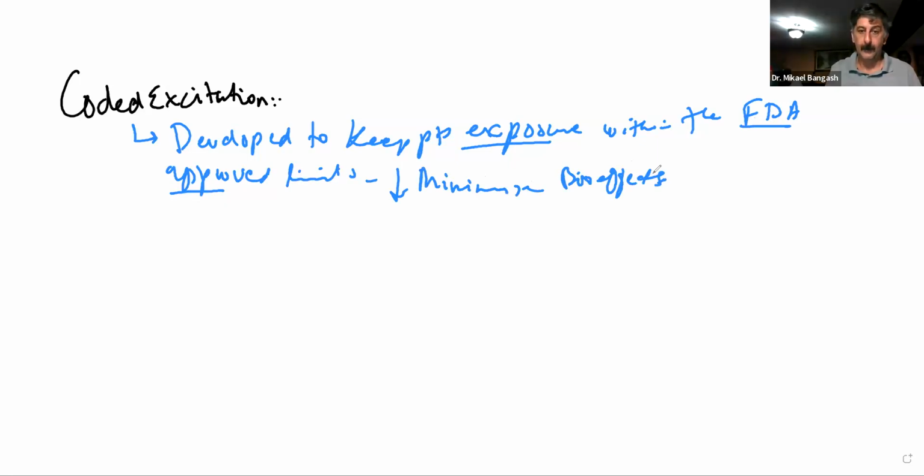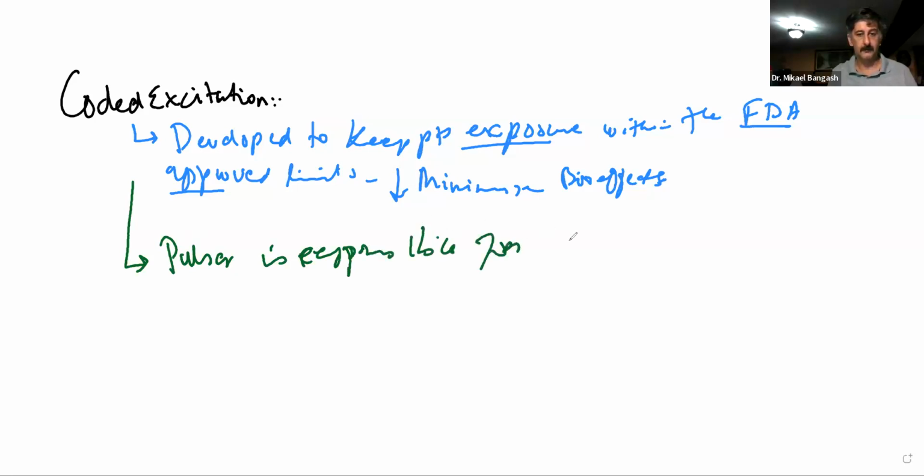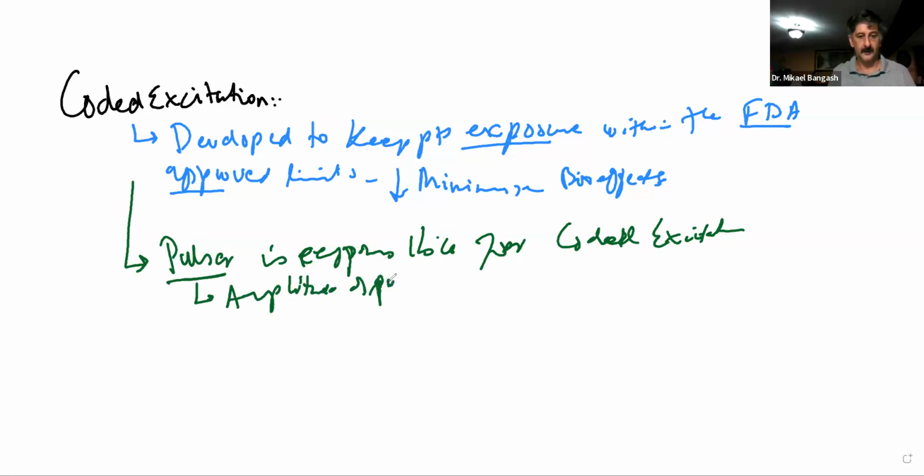Second thing is that coded excitation is something that occurs in the pulser, because the pulser is responsible for the coded excitation. If you look at the function of the pulser, it determines the amplitude of the pulse.